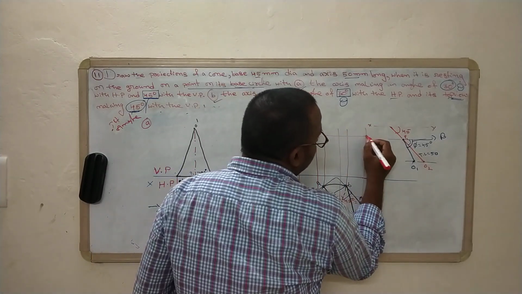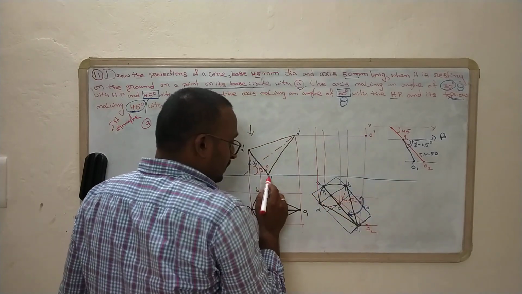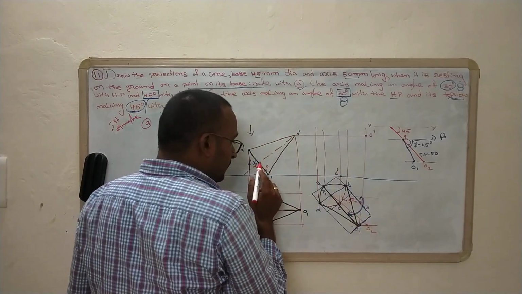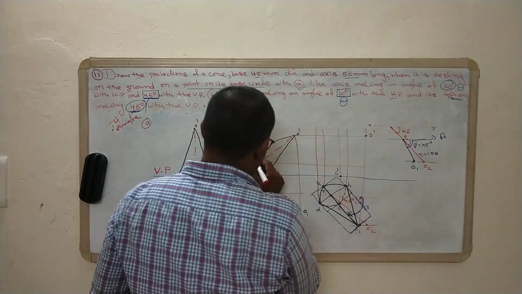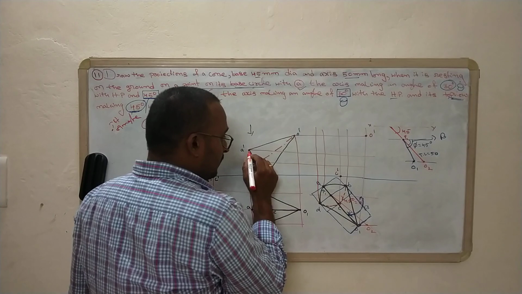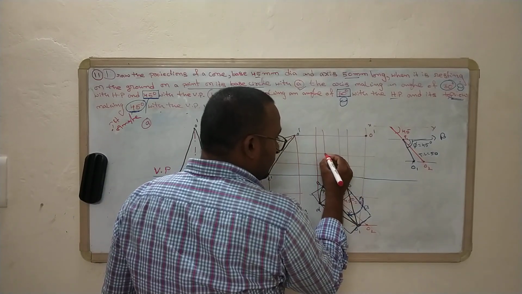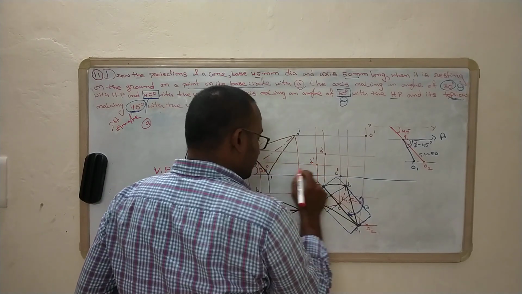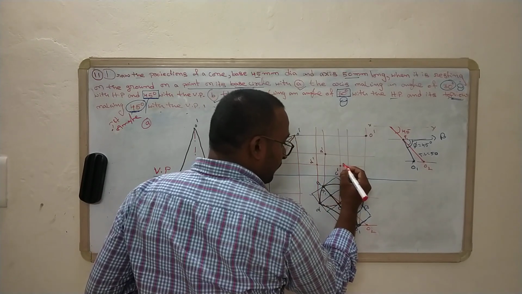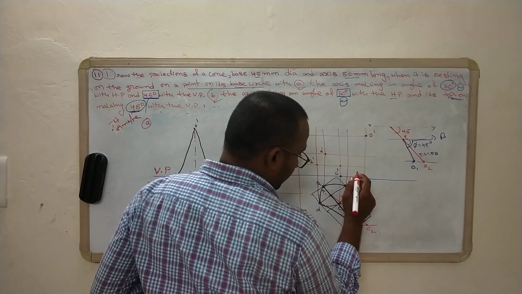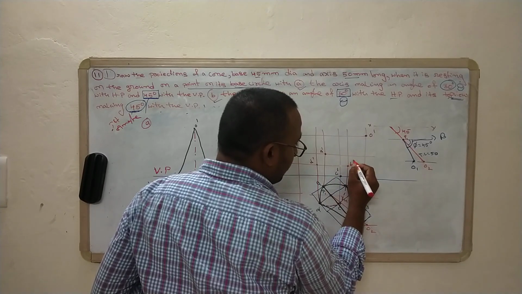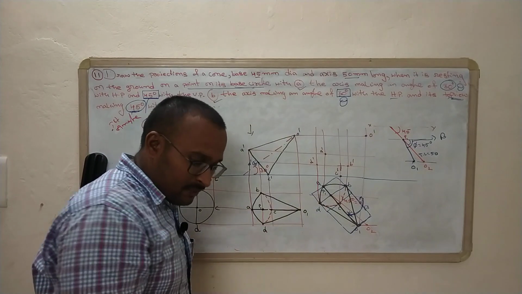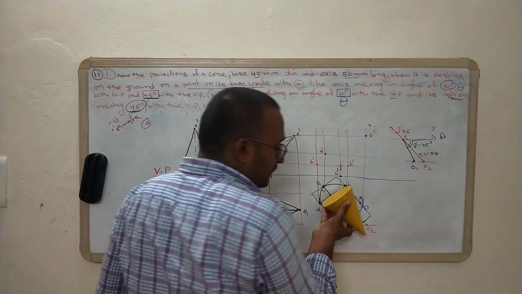So here this is the O dash, and then here this is the C dash and C. Here this is C dash, and then here A dash, D dash, then B dash. Here this is the B dash, right?